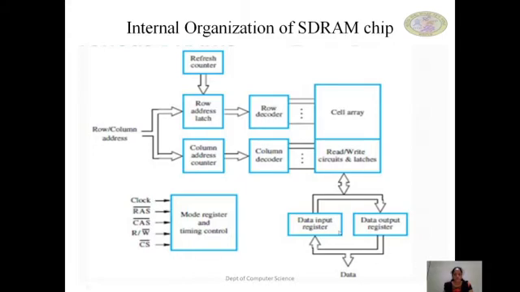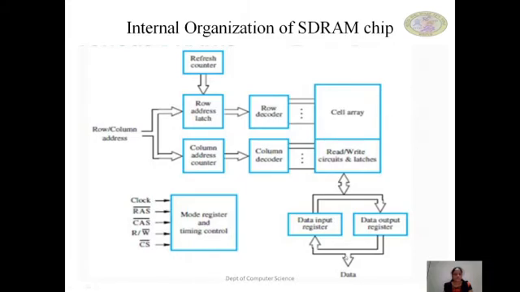That is, the data input register is required to transfer the data from a data bus to a particular cell in the cell array. Then whenever we want to transfer data from a particular cell of a cell array to a data bus, we make use of a data output register. That is, a data output register is required to transfer data from a particular cell of a cell array to the data bus.